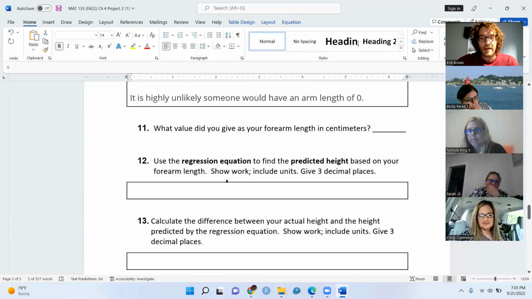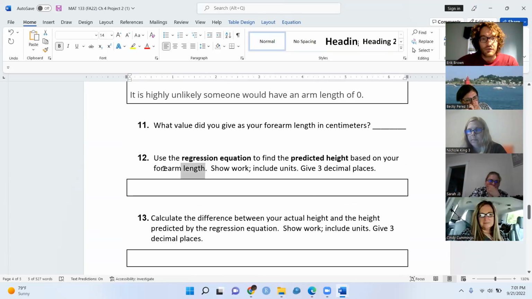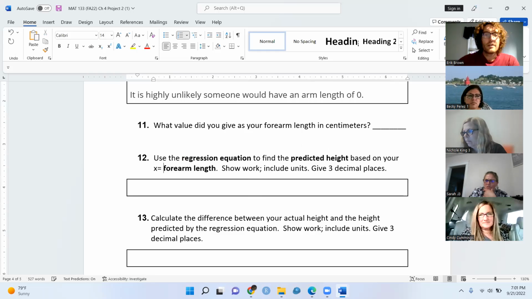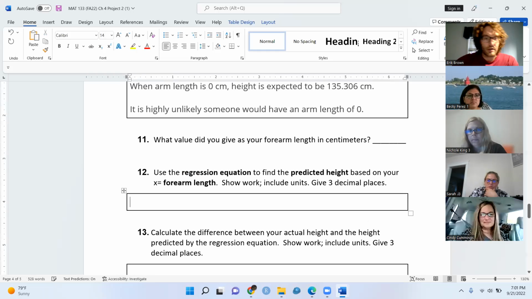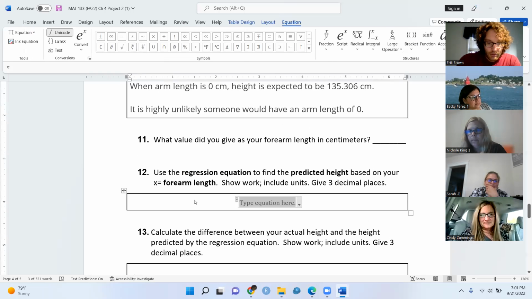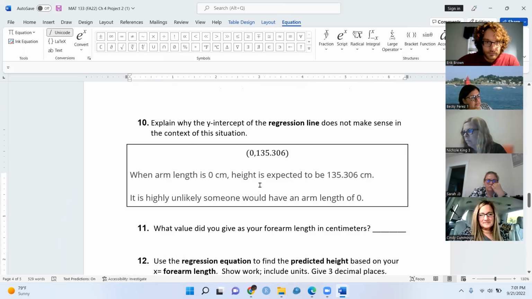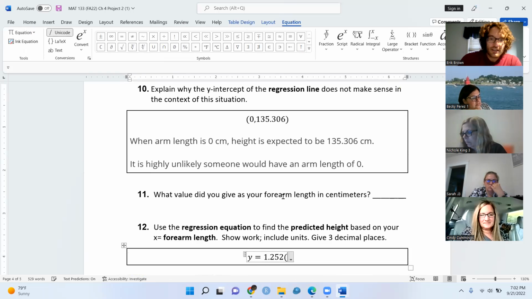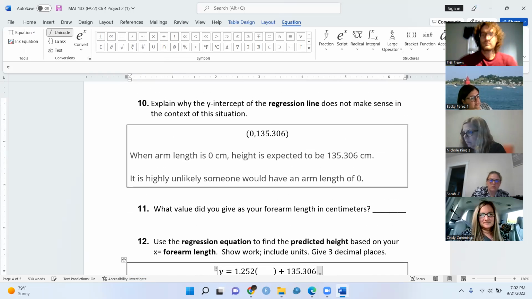So take your number and plug it in. Now, the question is, what is forearm length? Is that an X value or a Y value? That's the X value. Nailed it. So whatever number you put here is going to go right into your equation. What was that? Y equals 1.252 times whatever your number is, because we're replacing X with that number, plus 135.306.